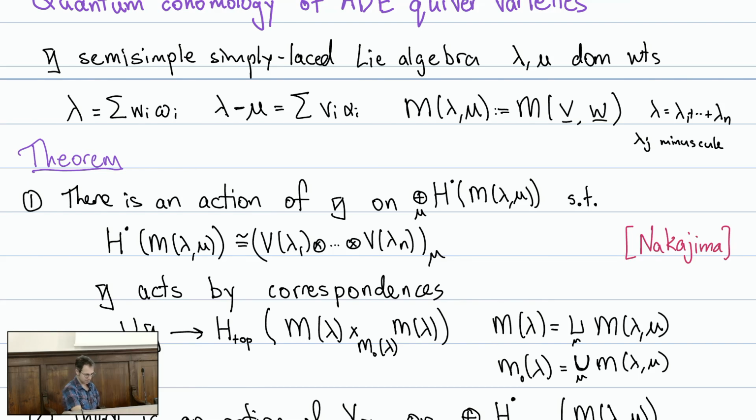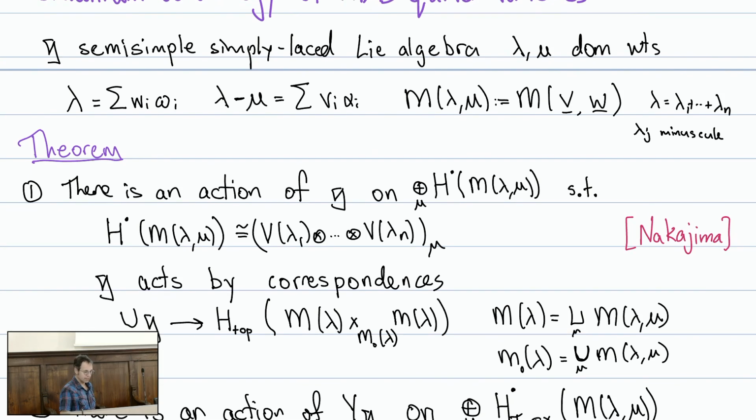Okay, I want to explain this action. It's going to be kind of a black box, which we're going to use later. This theorem is from maybe 30 years ago now. It built on earlier work of Ginzburg, who studied the case of cotangent bundles of partial flag varieties.